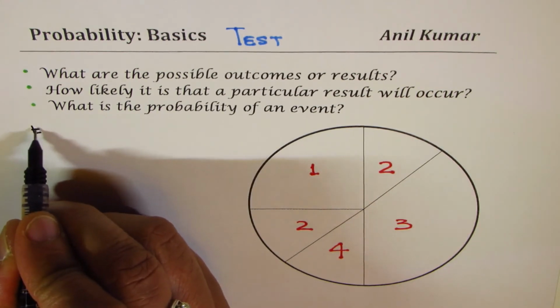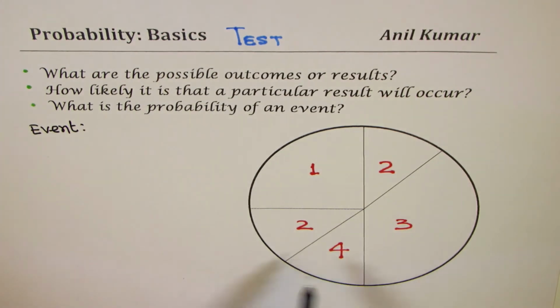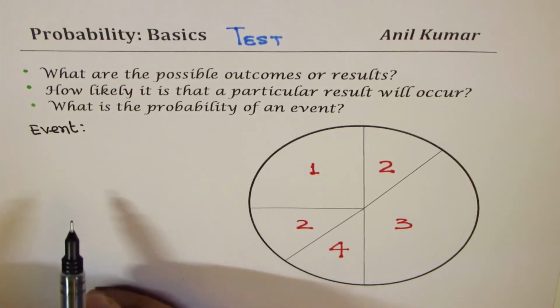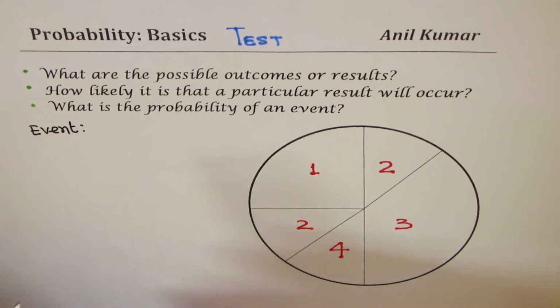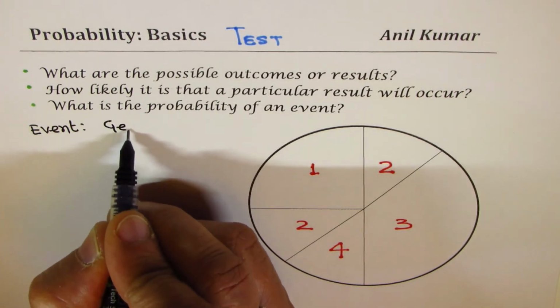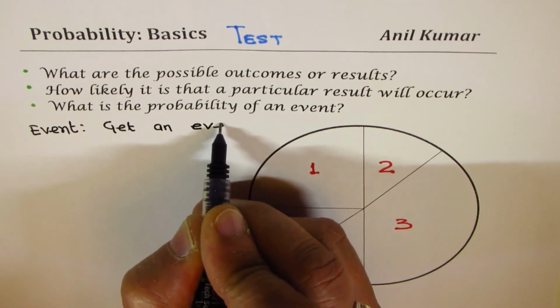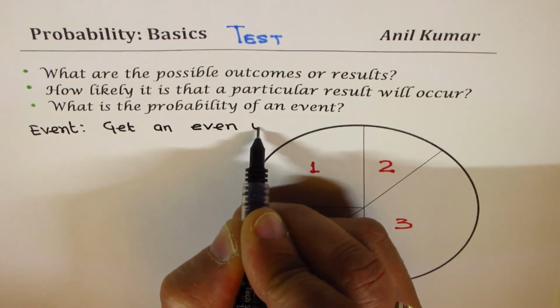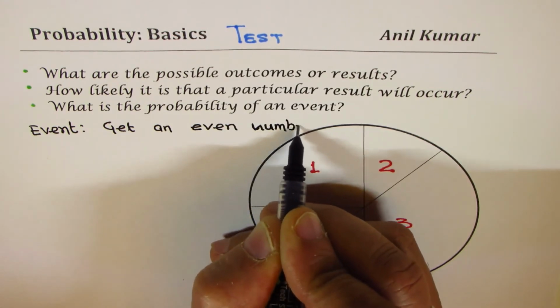So I'm defining my event, and event is when we do an experiment, then we define what are we looking for. So event is to get an even number. Is it okay? So event is to get an even number. Is it okay?